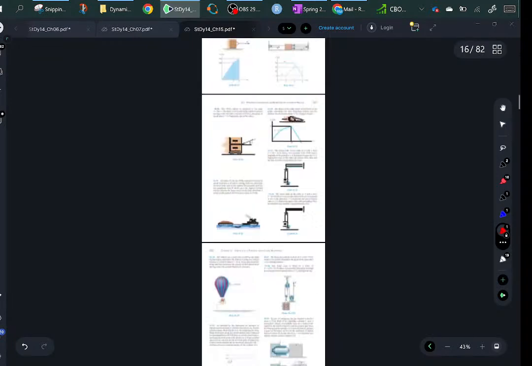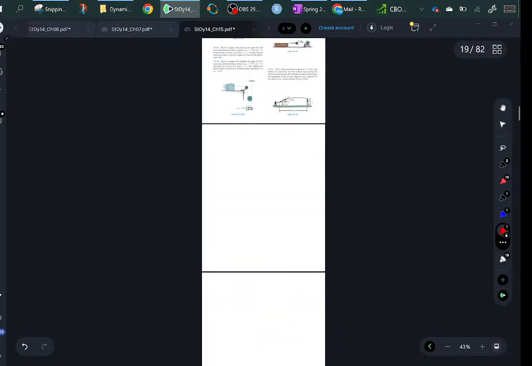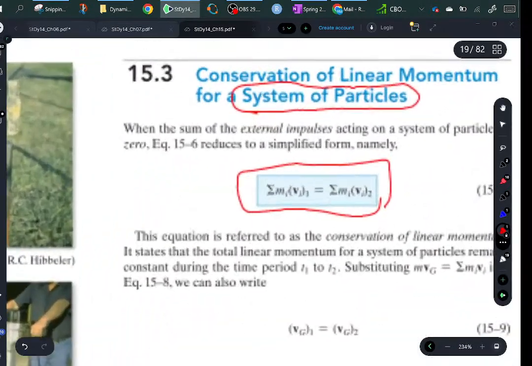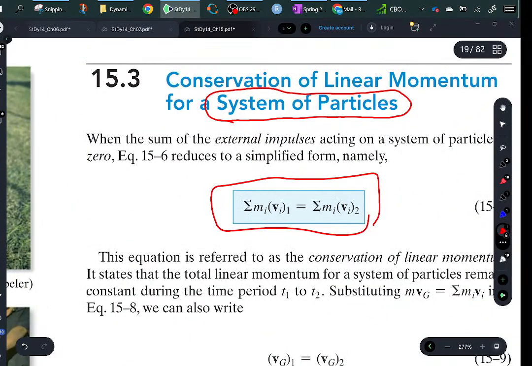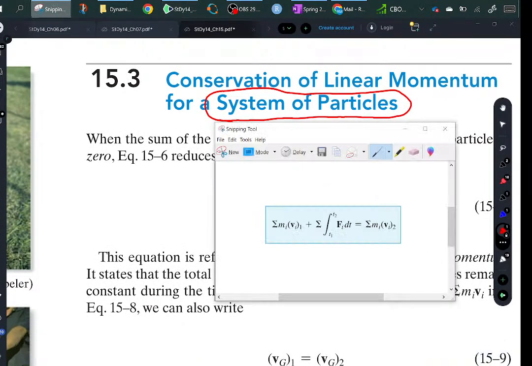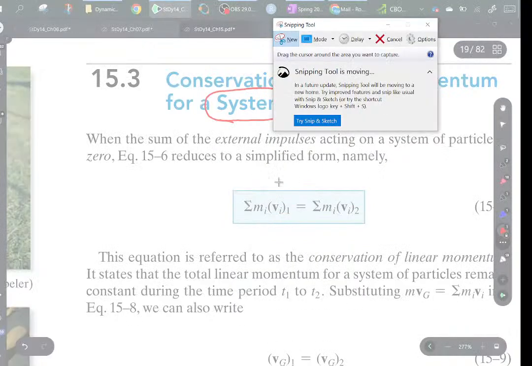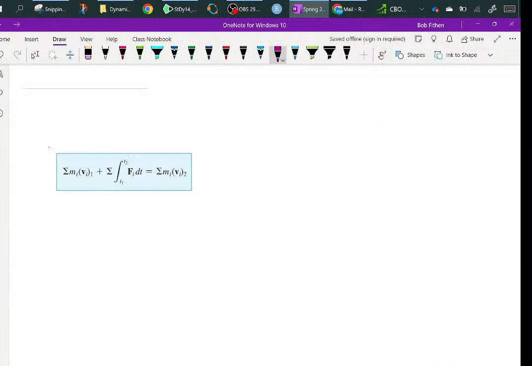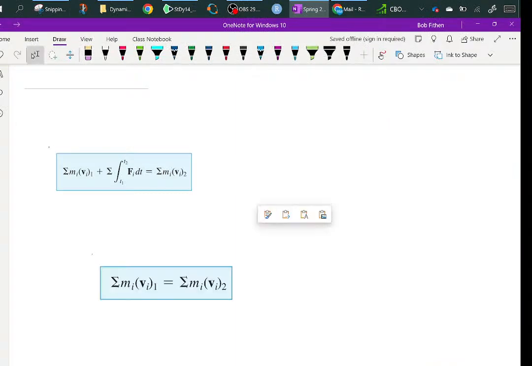Why did it not have that term? When you're looking at this, it does not have that term. Why? Well, in one section, he says this, then he says this.